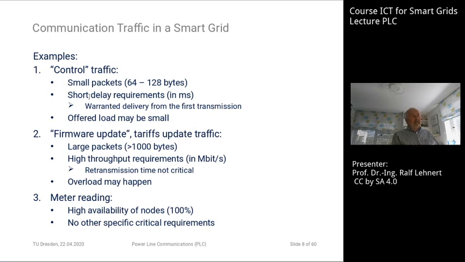So for instance, if there is too much energy in the network and you have to switch off some of the producers, the energy producers, the photovoltaics, then this should be done in a short time, because otherwise the power network stability is in question.